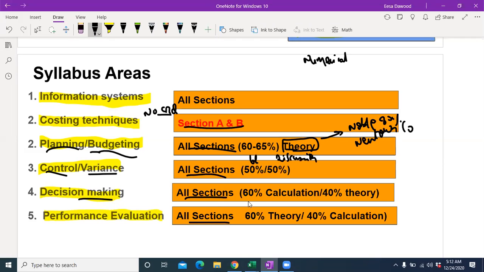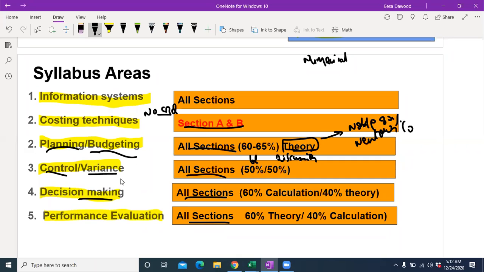In decision making, it can vary. The percentage can vary, but as per my analysis and the latest past paper trends, it's like that. The 50%, because in variances we first calculate the variance, the deviation from the budget. And then you link the variance with the performance of the manager, how he has actually performed.